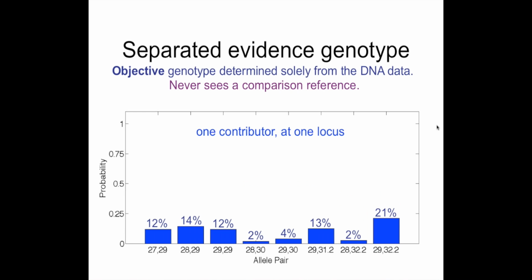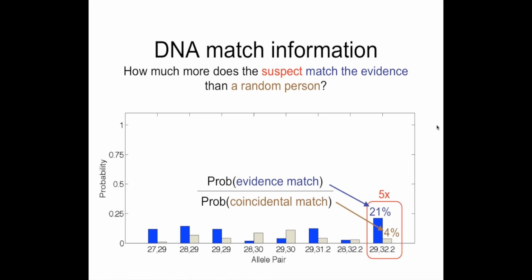The blue bars that we're seeing are the same as before from the rape kit evidence. The brown bars are the probabilities of different Caucasian allele pairs at this locus. And you see that at some allele pairs, the blue bars are taller, at others, the brown bars are taller.